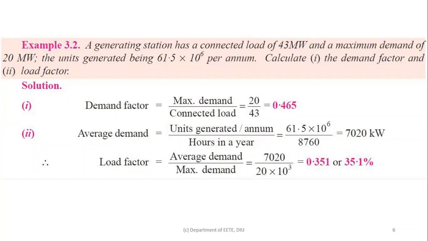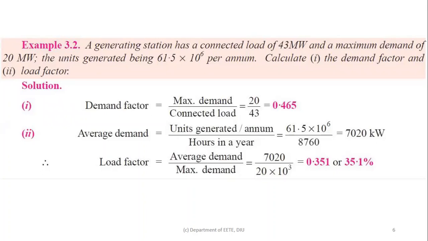Today we'll see a very small generating station that has a connected load of 43 megawatt. At first you read the question very carefully. The connected load is 43 megawatt, the maximum demand is 20 megawatt, and units generated are 61.5 × 10^6 per annum.